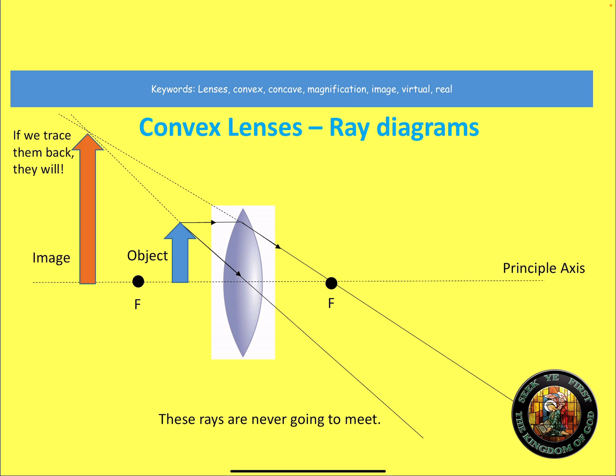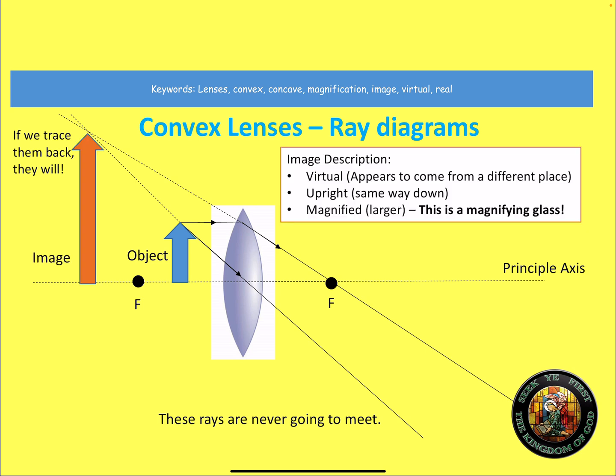So there's your image. Now the image is virtual. We call it virtual. It appears to come from a different place. It's now upright, the same way, and it's bigger than the object, so it's magnified. And this is a magnifying glass, really. That's what a magnifying glass does.